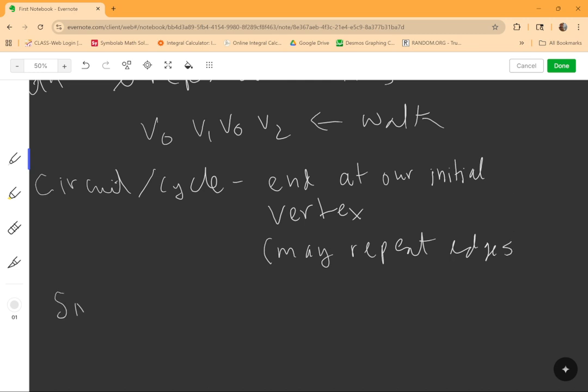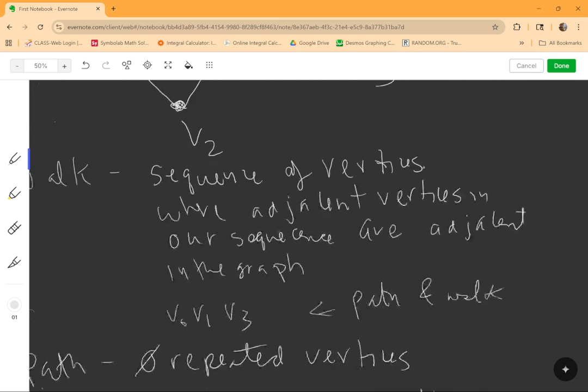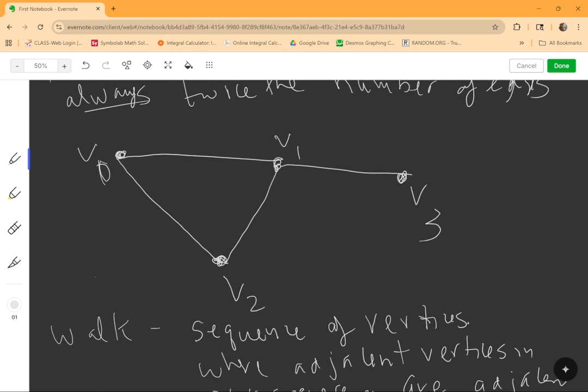Now, a simple cycle, or simple circuit, has the same idea where we end at the initial vertex, but here we have no repeated edges. So for the graph up here, if we start at V0, we go V0, V2, V1, V0.